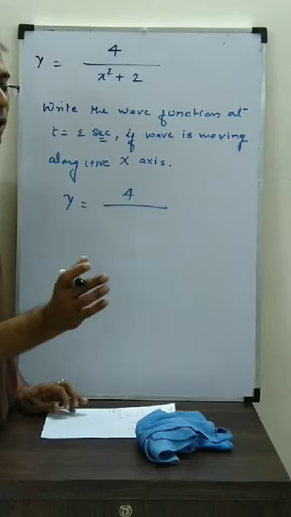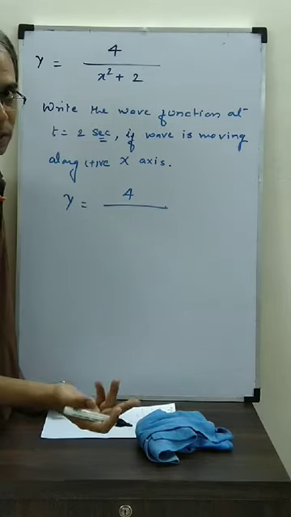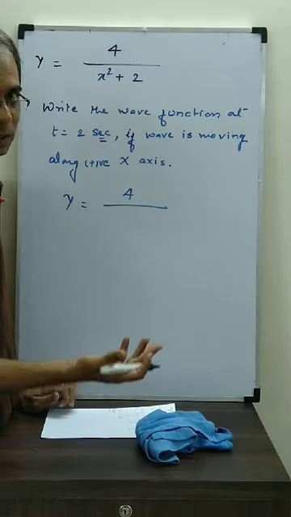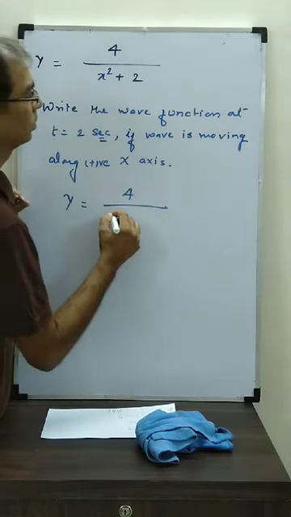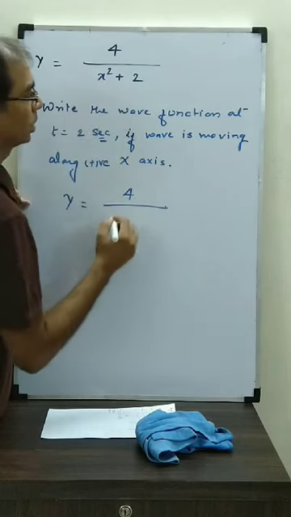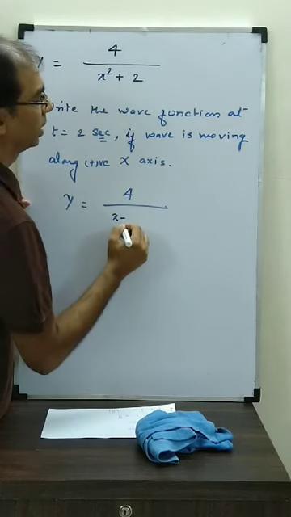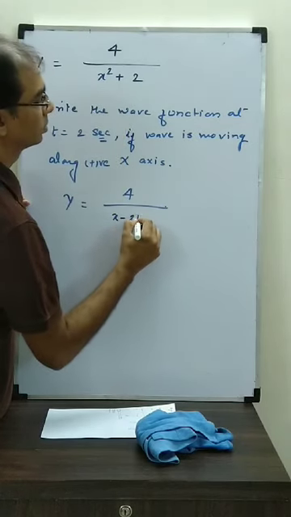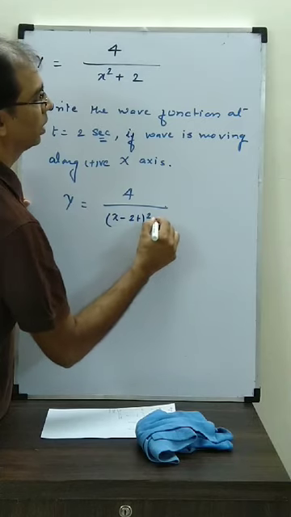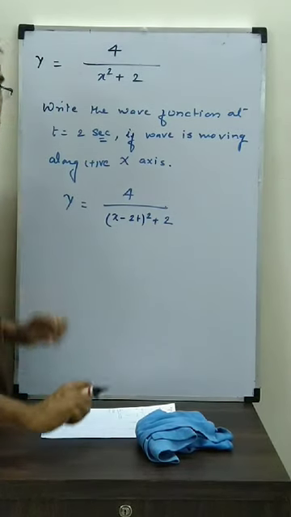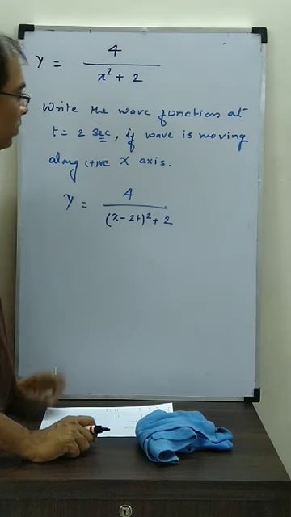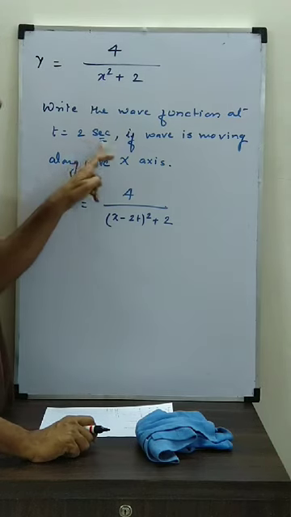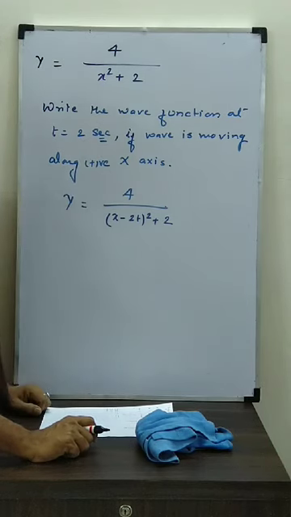Either it should be kx minus omega t, or it should be omega t minus kx. So here what to write? Here is x, so we will write the x minus vt form: 4 by (x minus 2t) whole square plus 2. This is the wave at what time? 2 seconds. Is that clear?